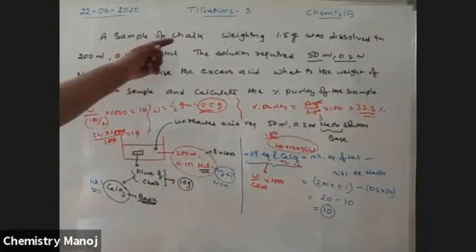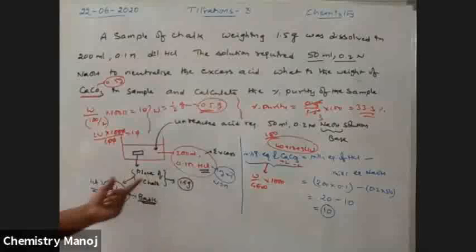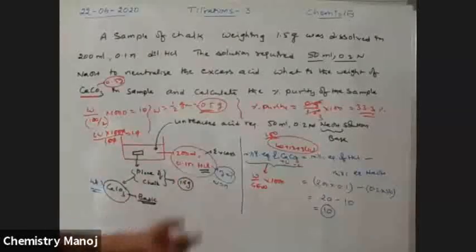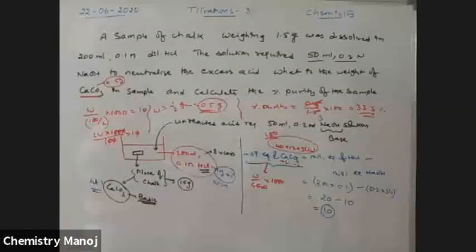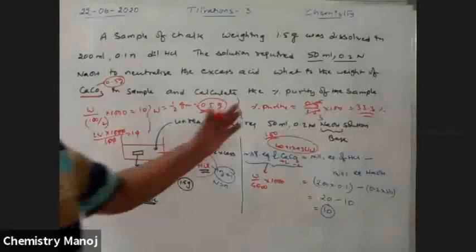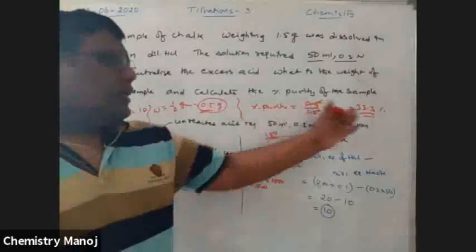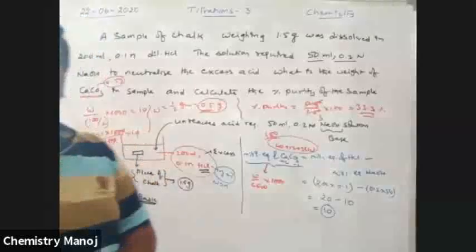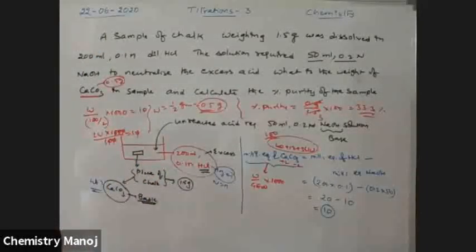So 33.3% purity. That means the chalk doesn't fully contain CaCO3. Only a fraction, only a small amount is available. So that is the percentage of CaCO3. Clear or not? It is a way to find the percentage purity or the weight of chemicals.